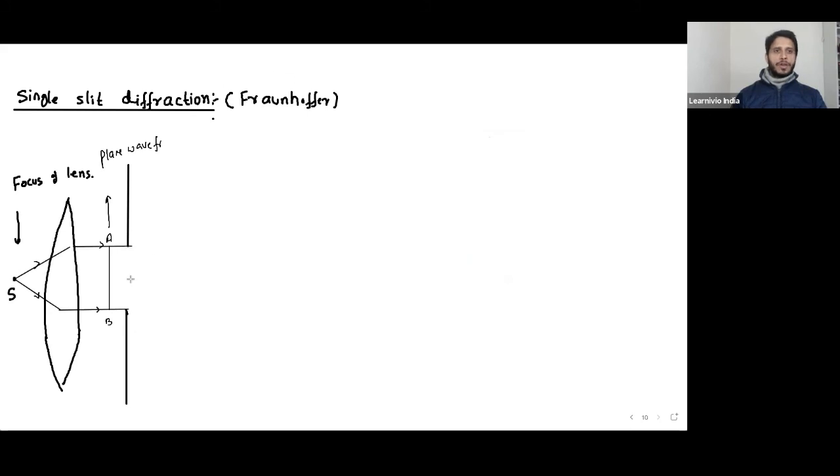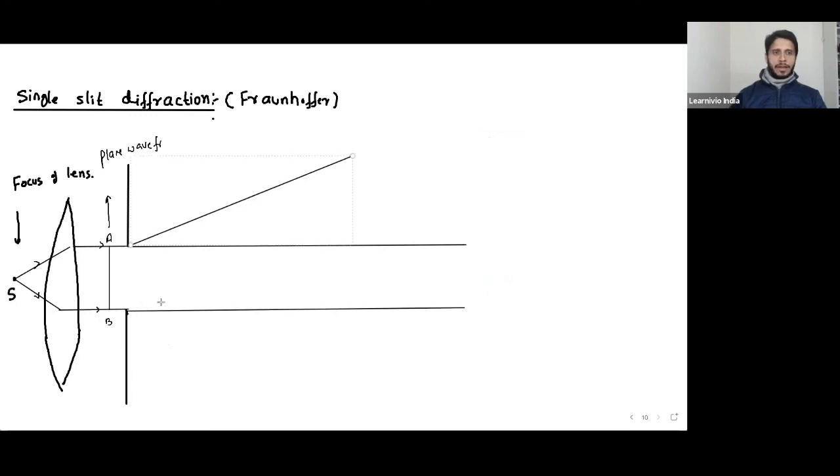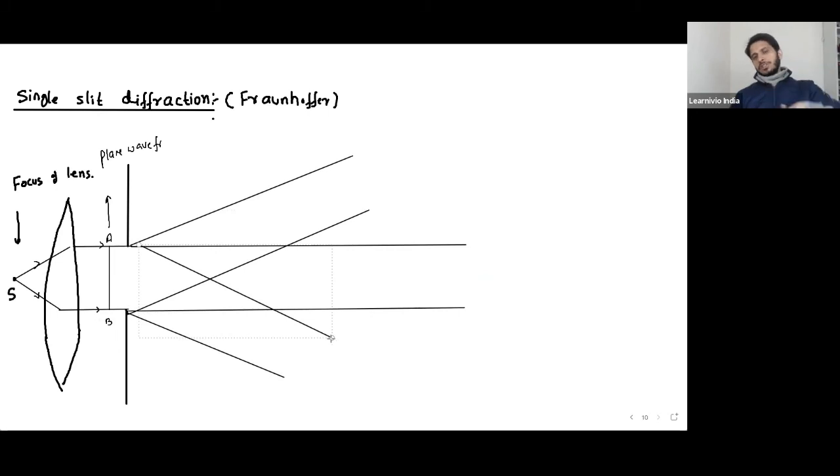Some of your waves can still travel in a straight line, meaning they're not bending. Some will bend at some angle, some are bending in this way. Few can bend even in a downwards direction. So randomly, when the waves pass through these slits, they get bent in every possible direction.